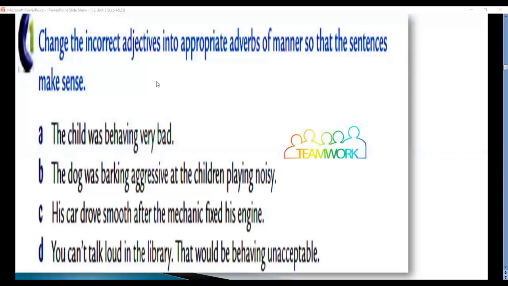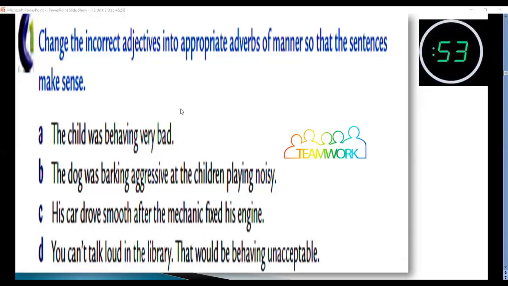Now, open your student's book. Let's go to exercise number 1. Change the incorrect adjectives into appropriate adverbs of manner so that the sentences make sense. The child was behaving very bad. Is it okay? Does this sentence make sense? I don't think so. So you have to change this adjective bad into the adverb, which is badly, and so on.